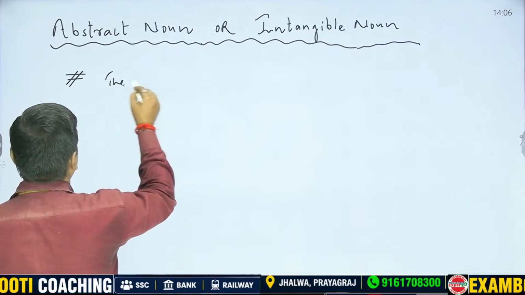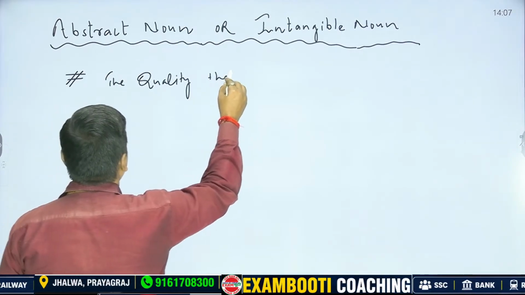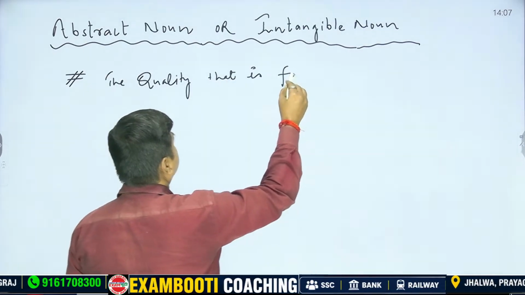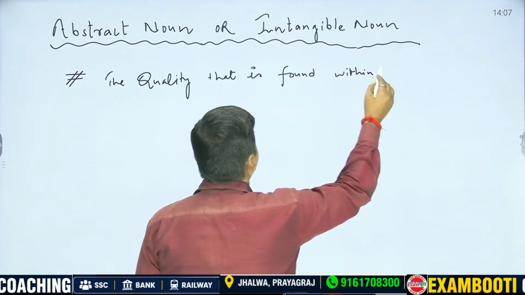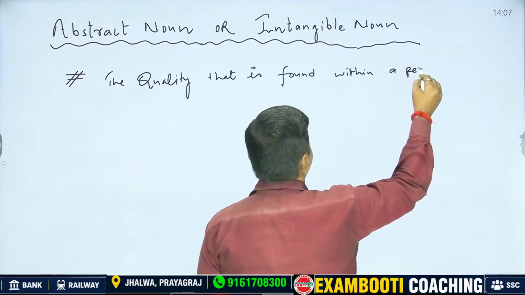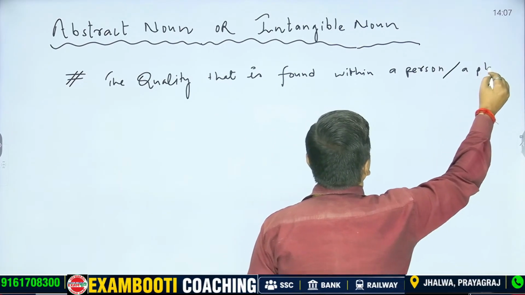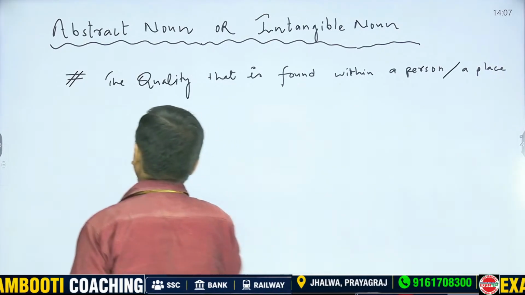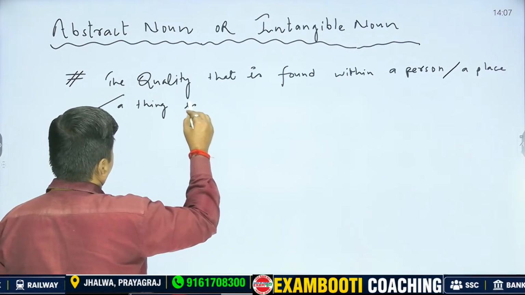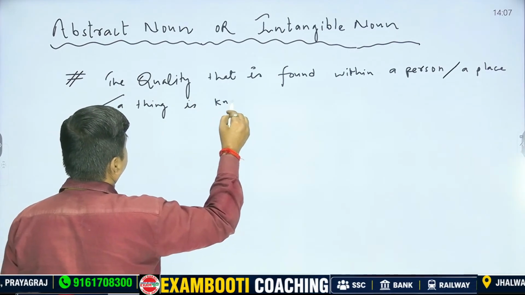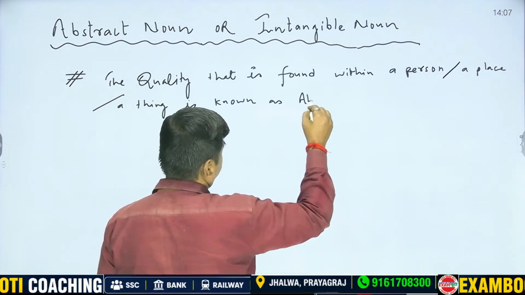The quality that is found within a person, a place, a thing is known as abstract noun.